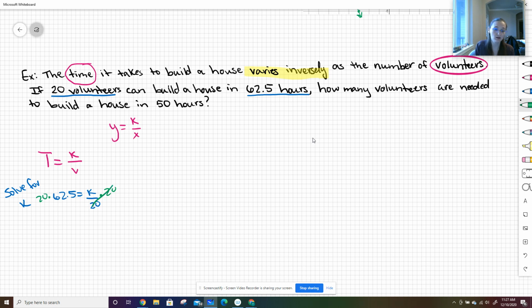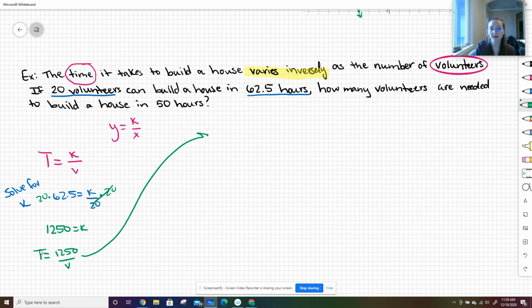Cancels here. So we have 62.5 times 20 is 1,250 equals k. So really what my function is, my inverse variation function, is time equals 1,250 divided by volunteers.